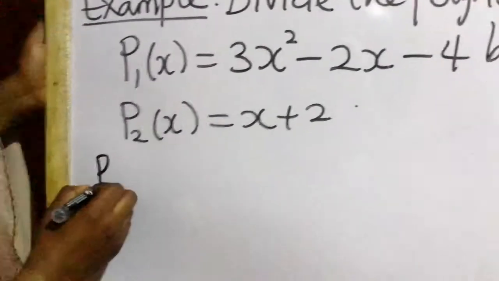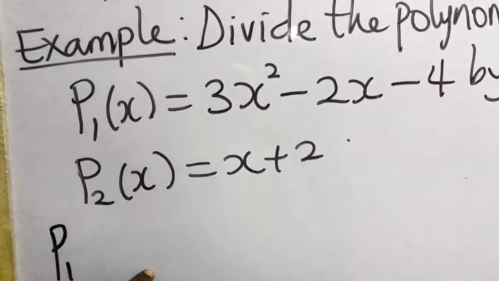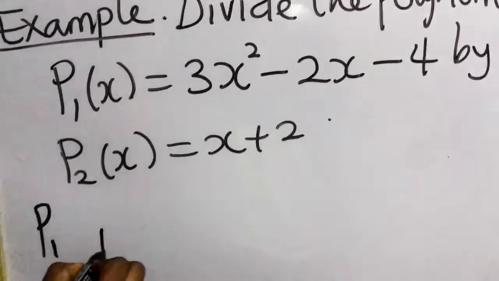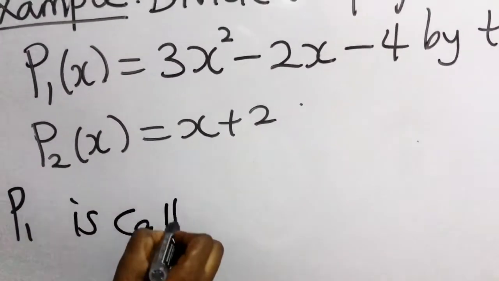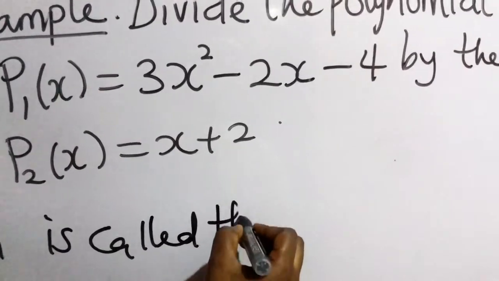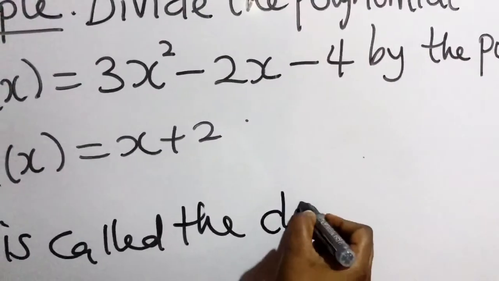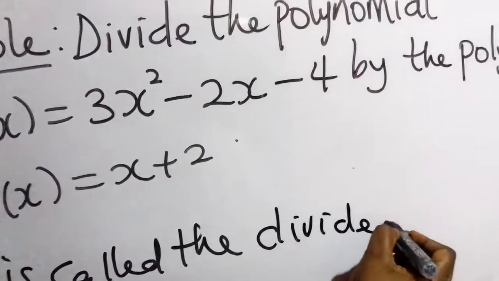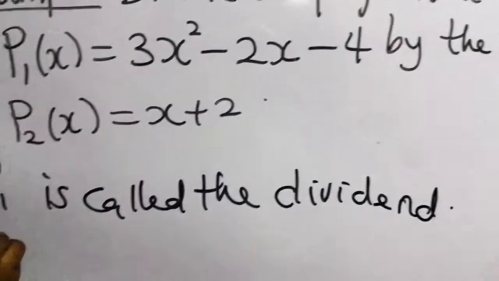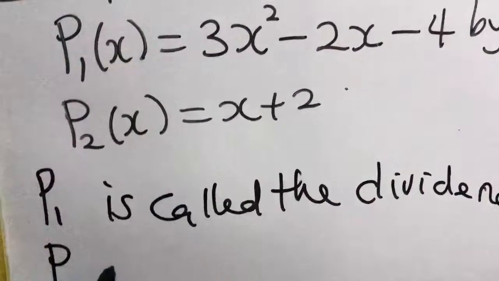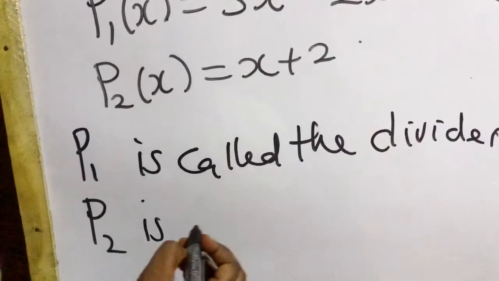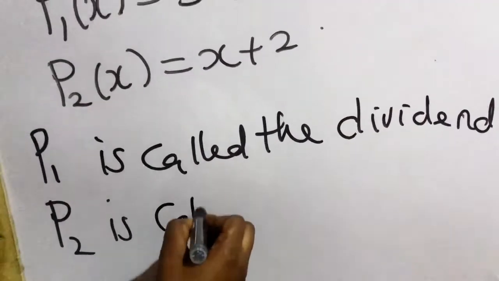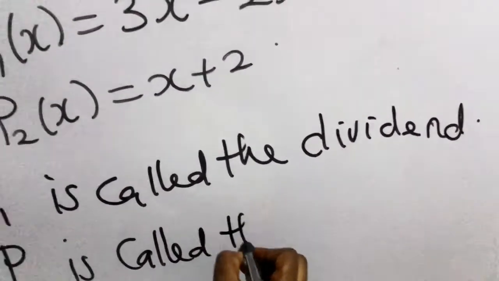This p1 that is being divided is called the dividend. And p2 that I want to use to divide another polynomial is called the divisor.